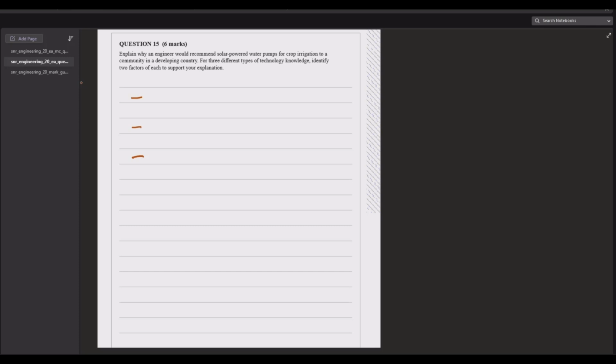So you could say mechanical for the water pumps, solar powered, and you also have software for the water pumps, so water pump control, the pump itself, and the environment. Oh, I hate this. See, it says technology knowledge.